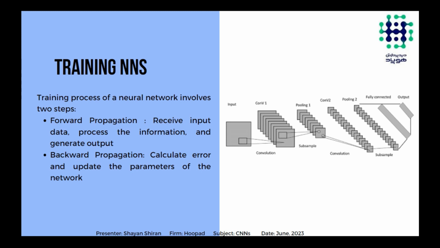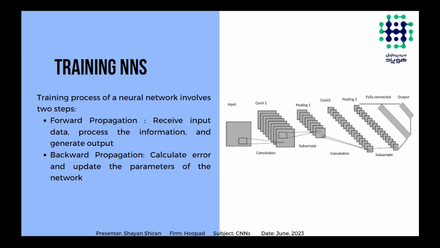Neural networks have training phases to complete, and the training phase involves two steps: forward propagation and backward propagation. In forward propagation, the input data is received, it is processed, and the output is generated.